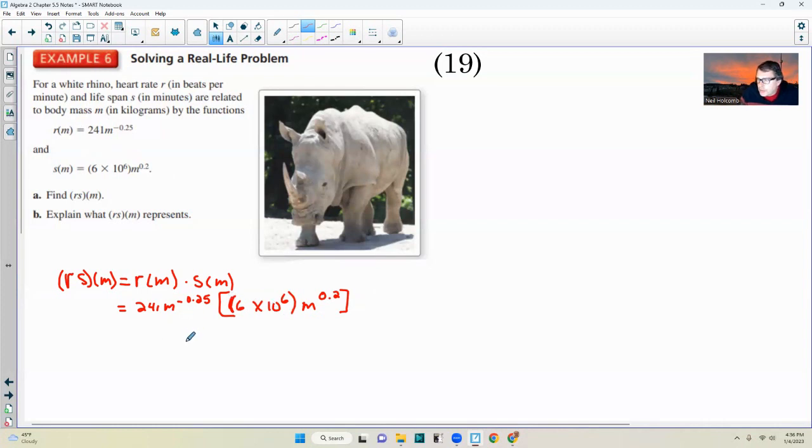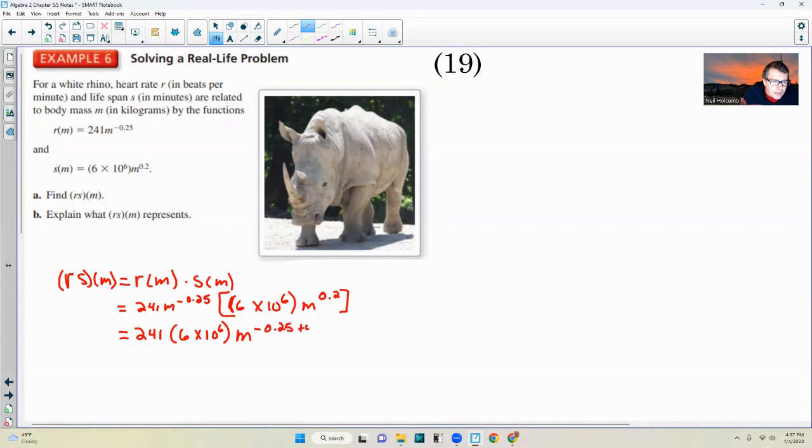And what we're going to do now is multiply all of this. So the first thing I'm going to do is this 241 just stays out in front. And M to the negative 0.25, I'm going to bring all the numbers together. 6 times 10 to the 6 is going to go out in front. And then multiplying M times M, I'm just rearranging this, is going to give me the same base of M. And it's negative 0.25 plus 0.2.